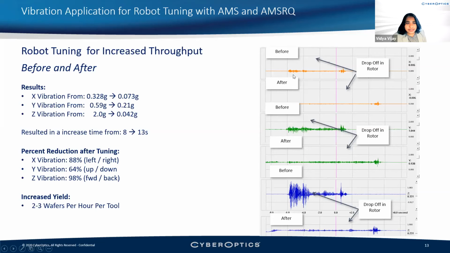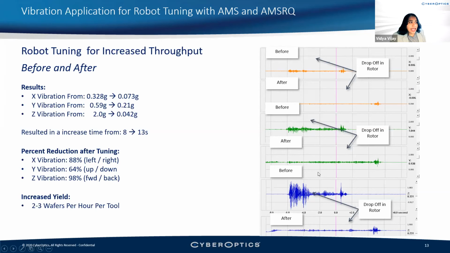For example, you could see some vibration here, and a good 88% improvement after tuning. And in the Y direction, we can see it going up and down, and you can still see some 64% improvement. Z gives us the best improvement after tuning here, 98%.